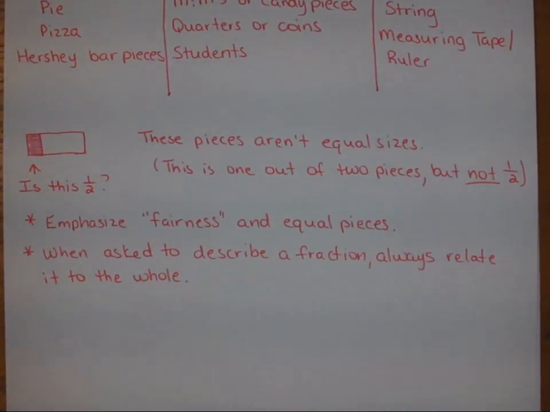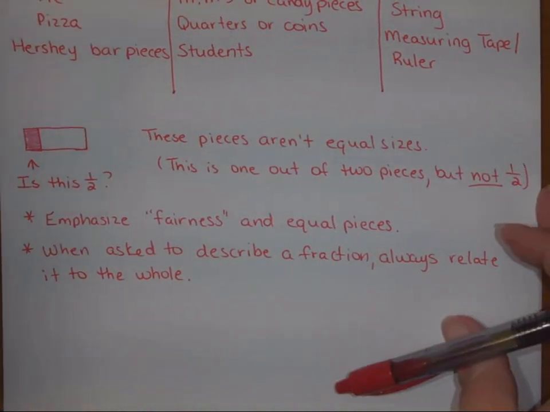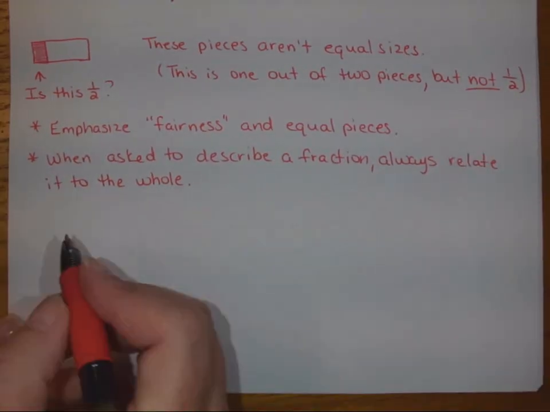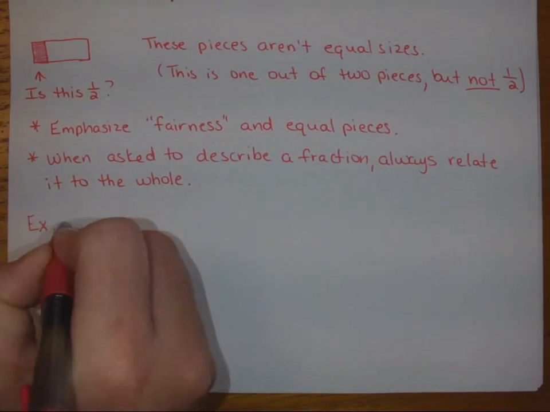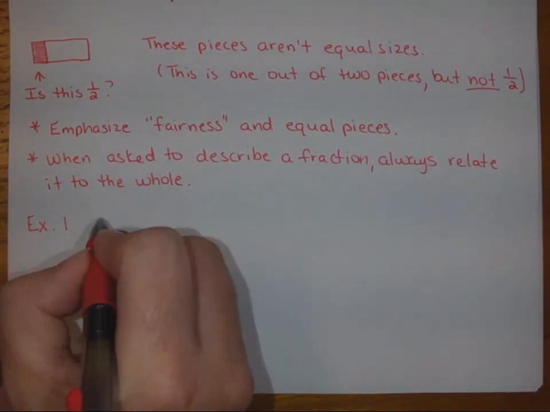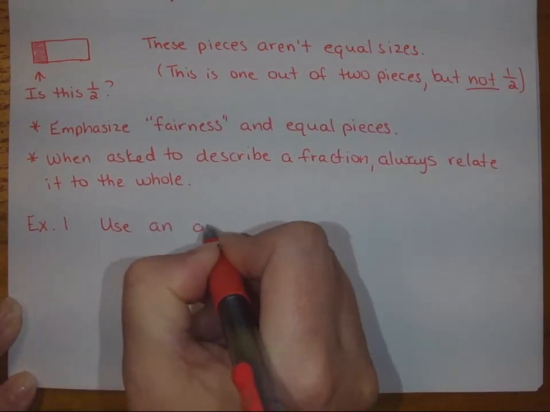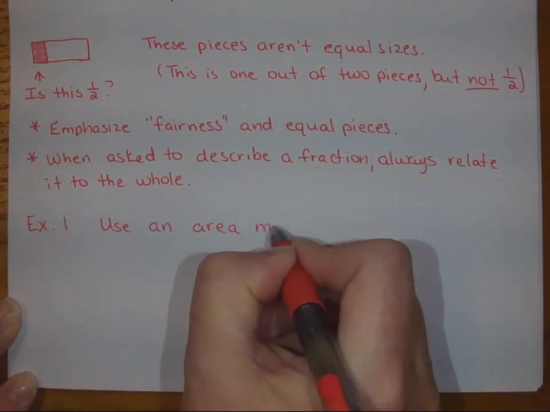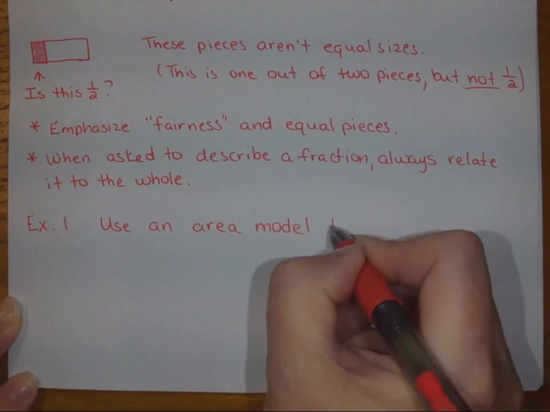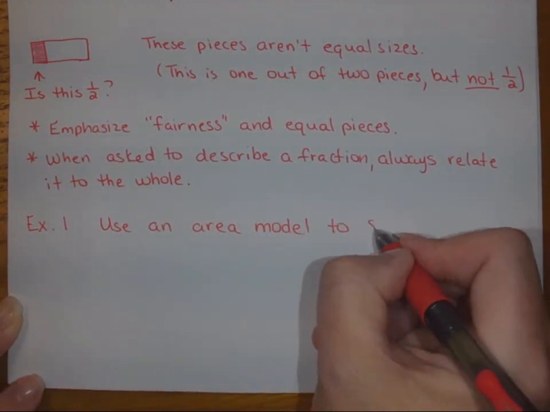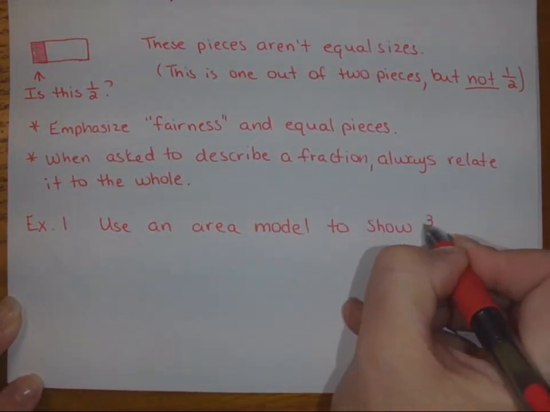All right, so I want to show maybe just on paper some different types of manipulatives or different types of things that you could do. So let's take example 1. Let's use an area model to show 3/4.